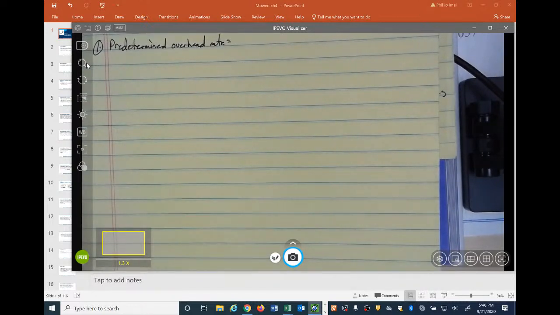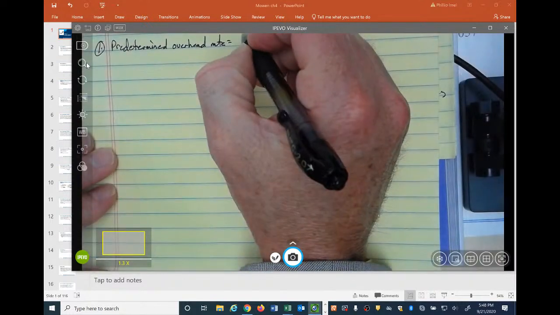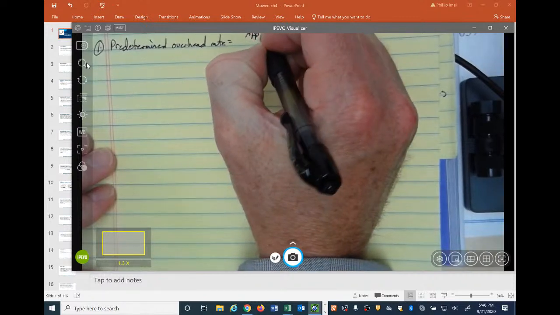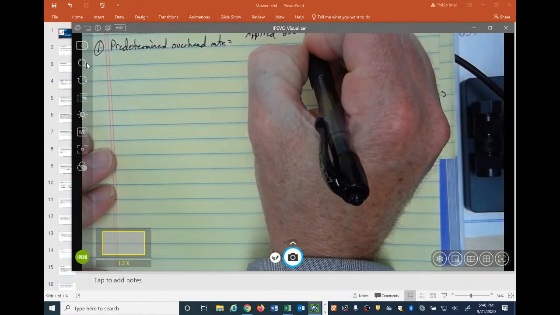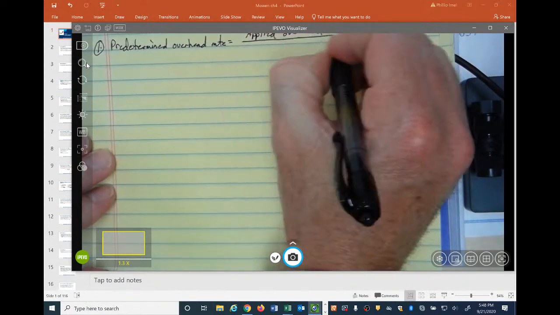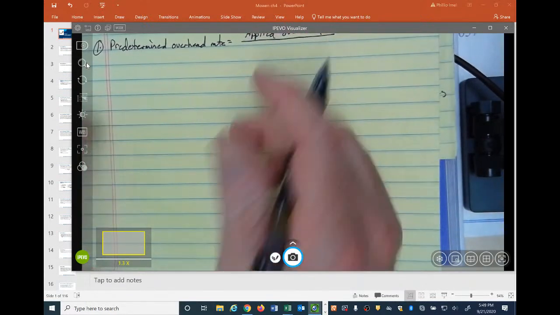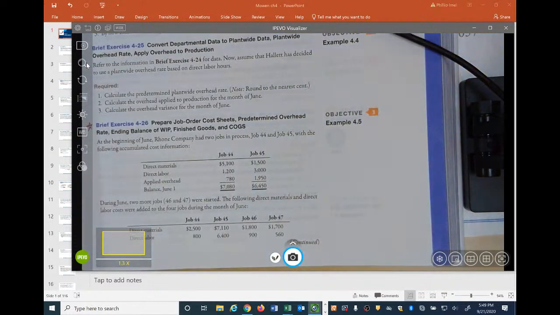It'd be applied overhead divided by the actual activity. So we have to find it for job 44 or 45, okay? In this case, it's going to be identical no matter which one we use. So we'll just go with 44.